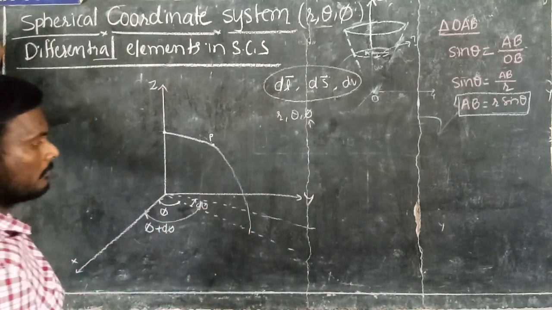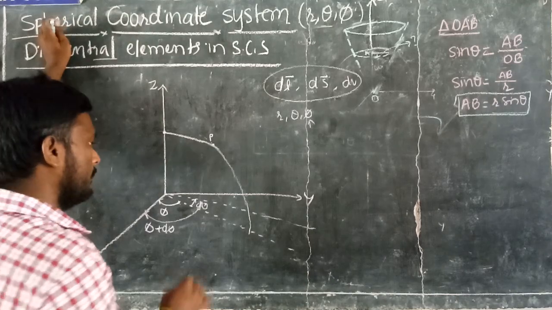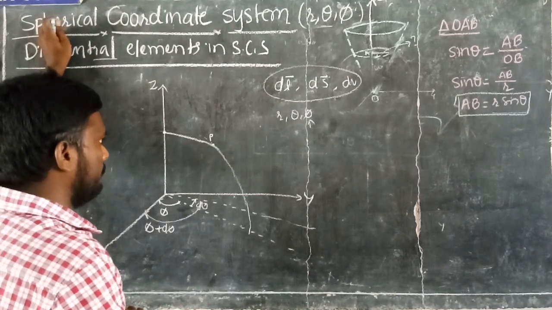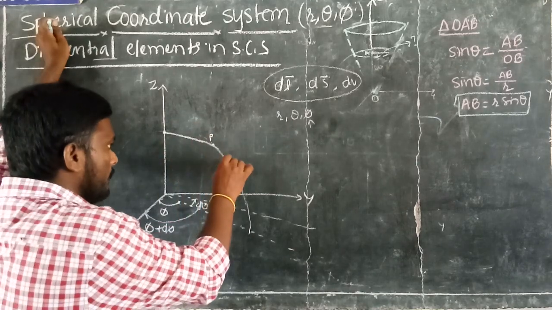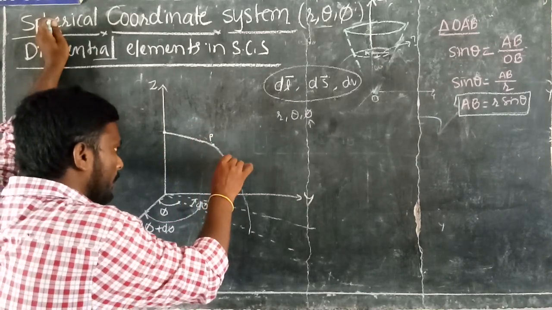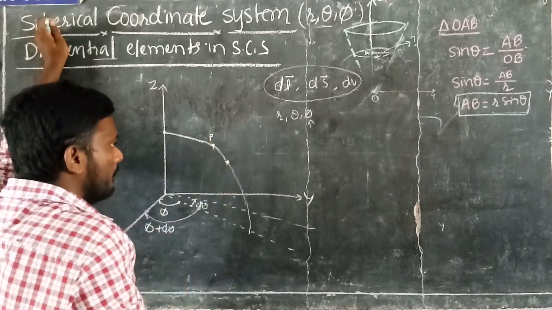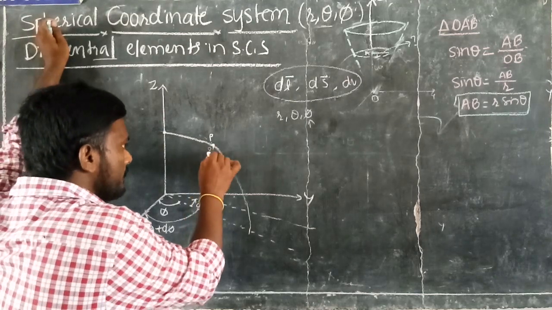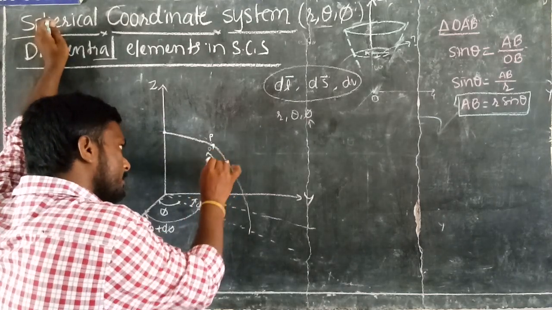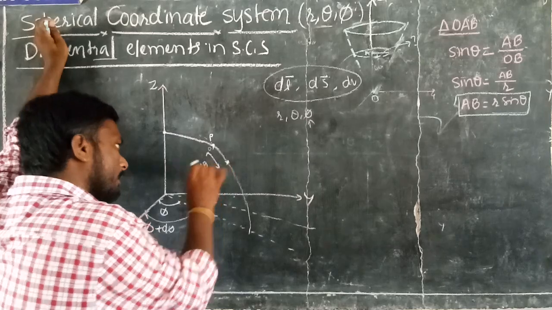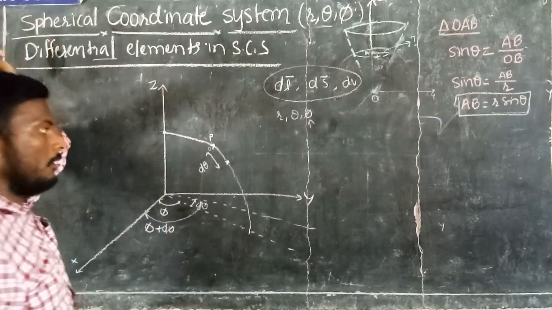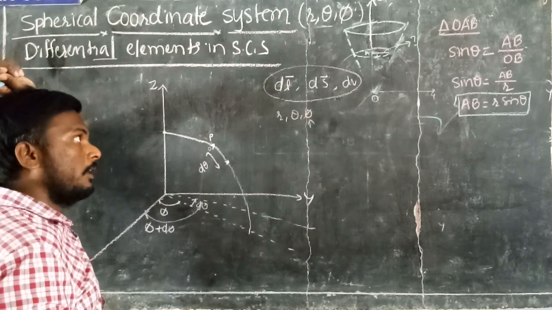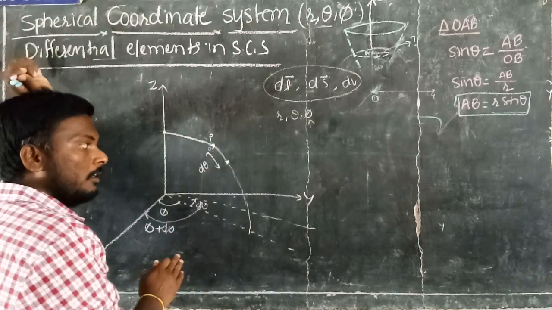Okay. Now see theta. Theta is varying in which direction? It is varying in the downward direction. So I am taking one more point here. It is a theta, and this is the change in the theta. Now how many points are you having? Are you increasing the differential amounts of three axes here?